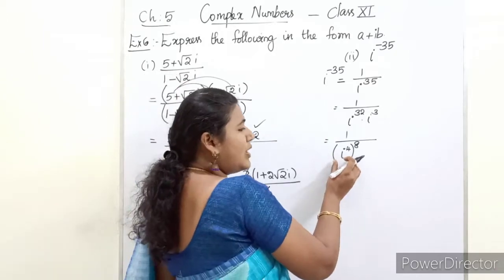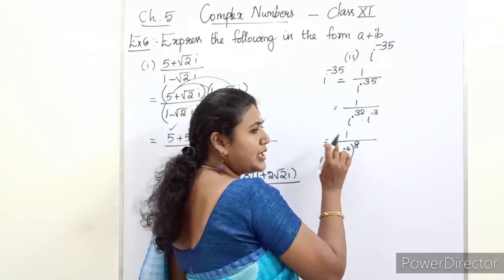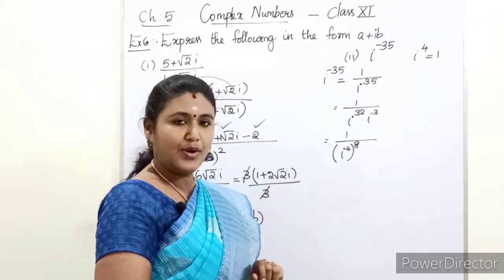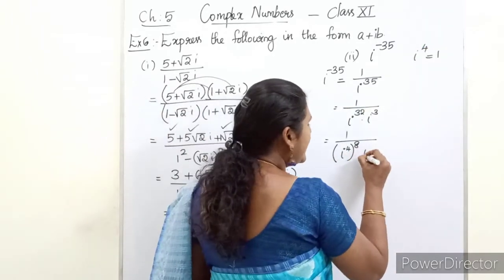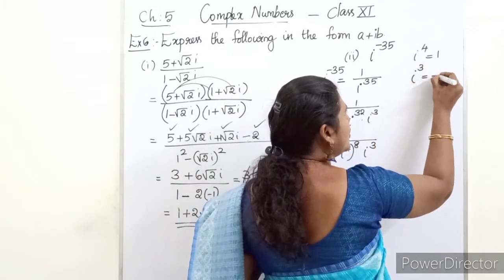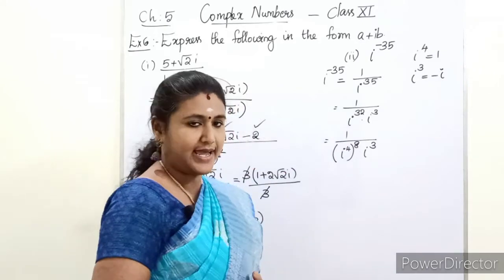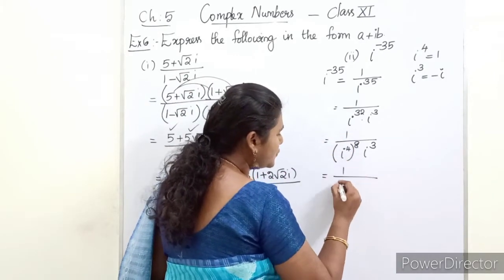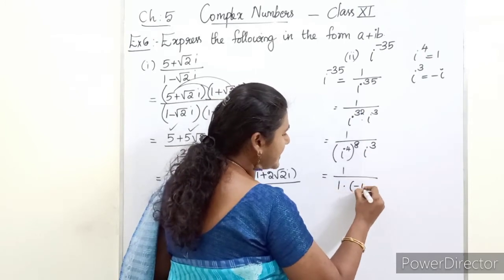What is its value? I power 4, we know, is 1. So it is i power 4 the whole power 8 into i cube. What is the value of i cube? I cube is equal to minus i. Now this value is 1. So it is 1 by, this is 1 into minus i.